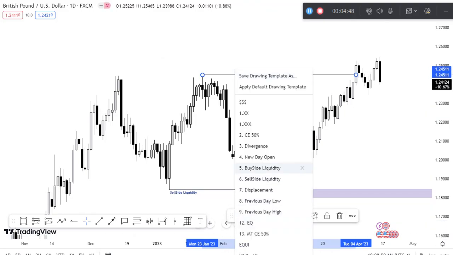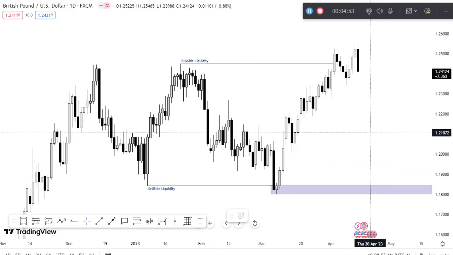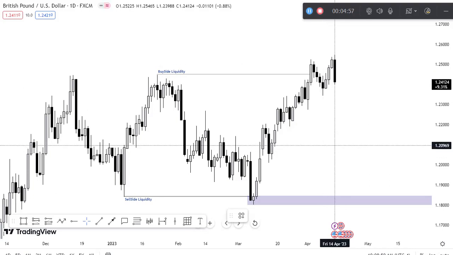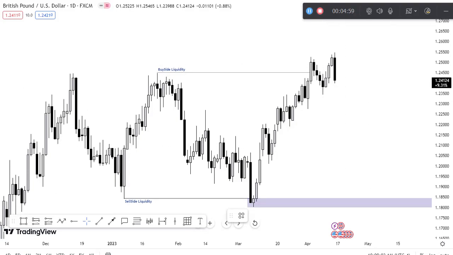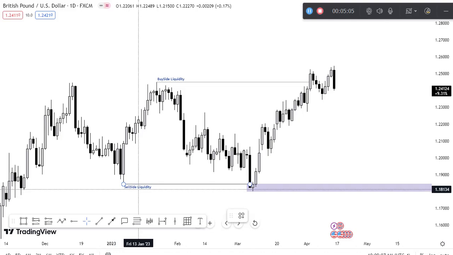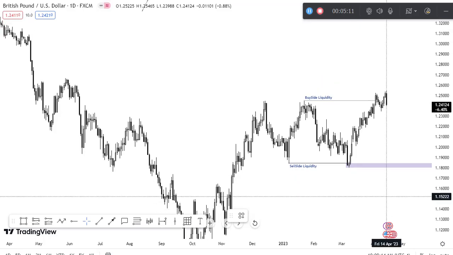If price, like right now on current price, is yet to push bearish or move down into a sell trend, it would most likely be targeting the most recent sell side liquidity areas that price hasn't visited yet.